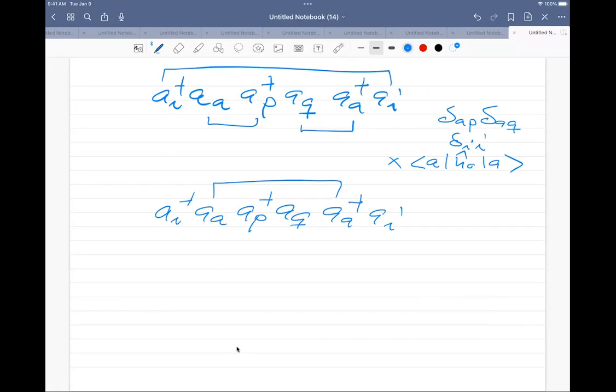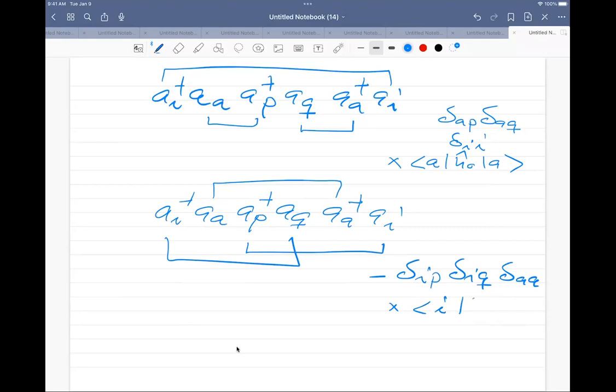Now, the only contraction now is us taking this P to that one, and this A, I to Q. In this case, in order to get the contractions right, we will obtain a minus sign. So that's going to give us a minus delta IP, delta IQ, and then I have a delta AA. And this is multiplied with an integral of I H0 of I.